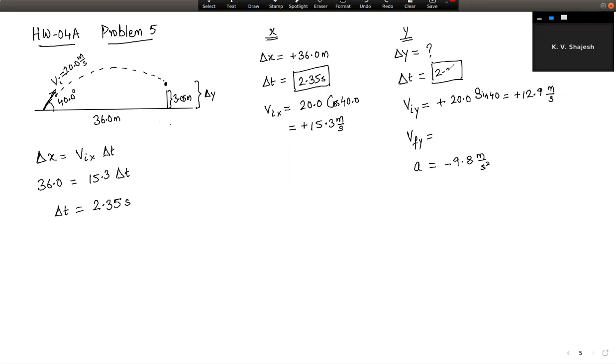It's 2.35 seconds. And the vertical distance traveled will be given using a formula that does not have the final velocity. So that's again the initial y velocity times delta t plus half a delta t squared.